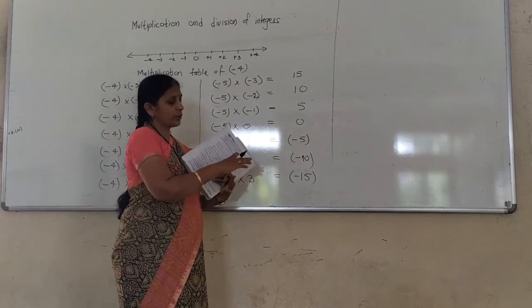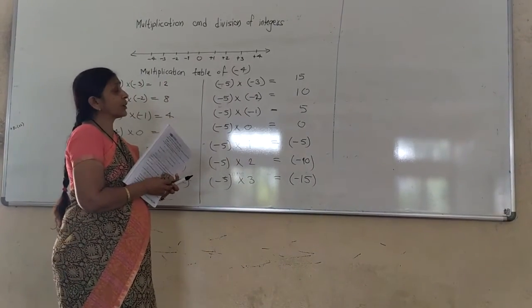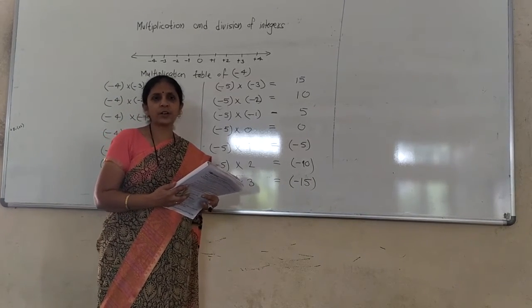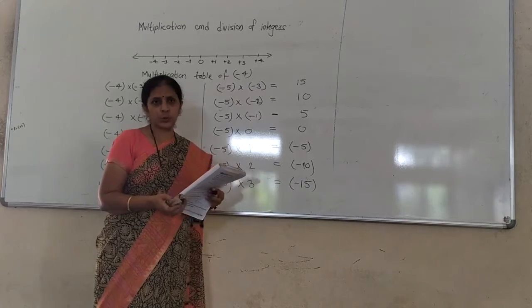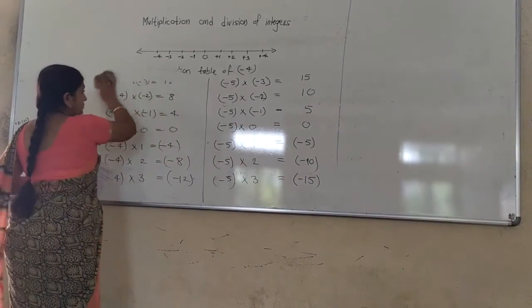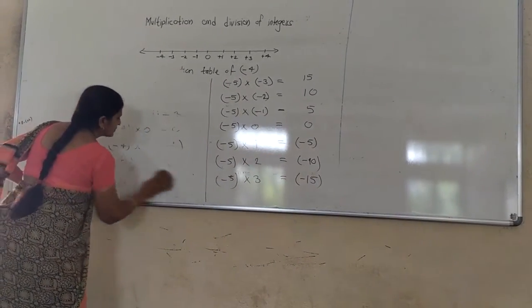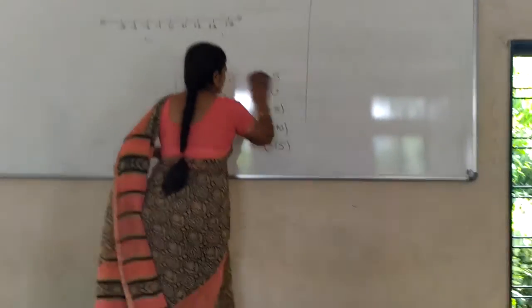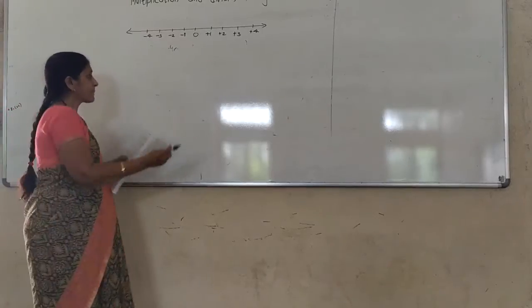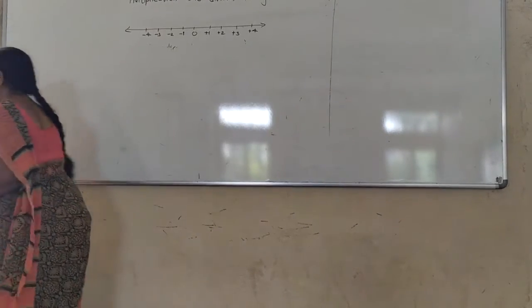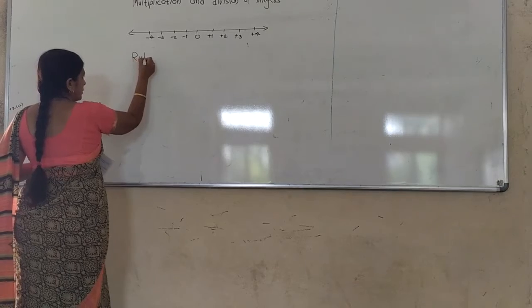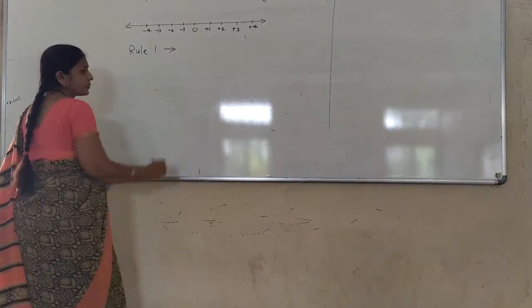Now actually we have to learn how to do the multiplication of integers by using the rules. For that, 2 rules are there. First we will see the first rule. Rule 1.